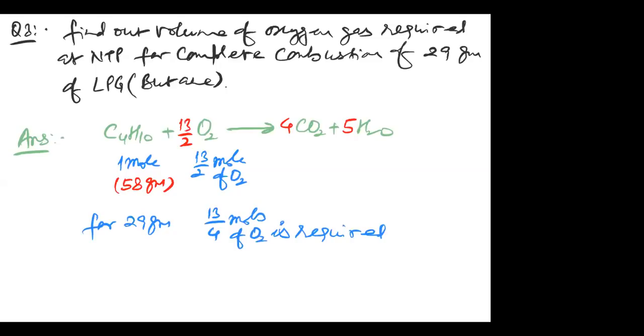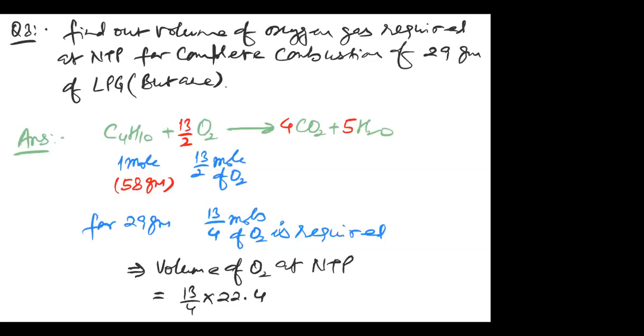From here, the volume of O2 at NTP should be equal to 13 divided by 4 multiplied by 22.4 liter.